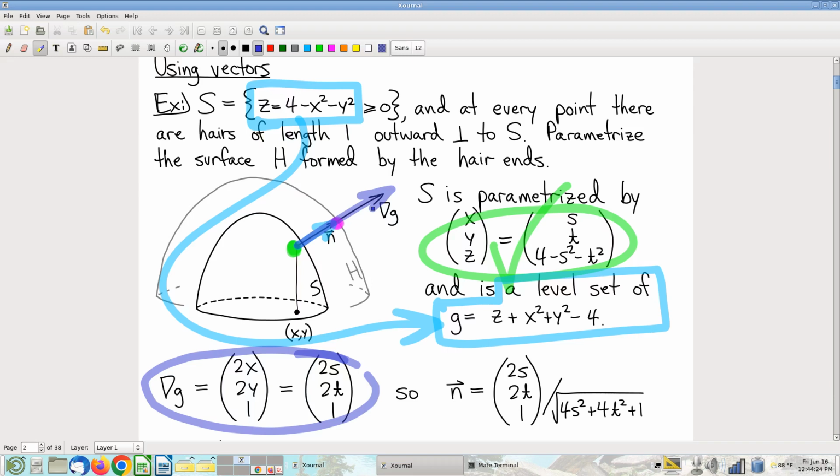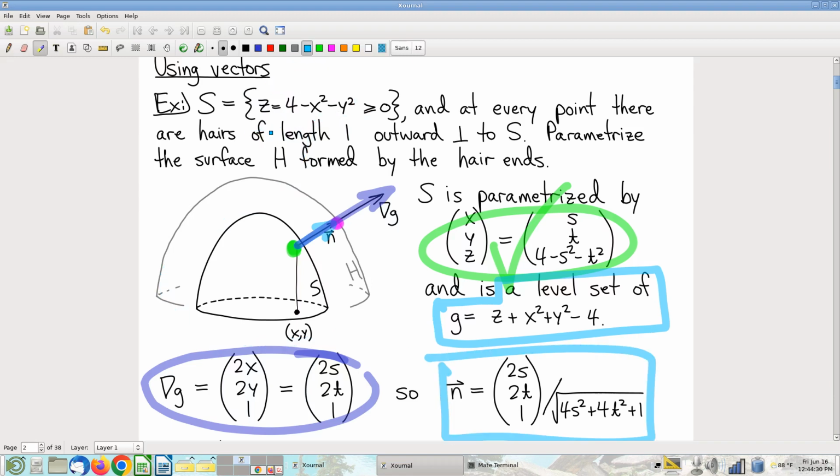And of course, the way we get little n then is to just normalize. Keep in mind that we're talking about hairs of length 1, and so we normalize the dark blue vector to get the light blue that we actually need, which is this. Everybody okay? And it's all over at this point.